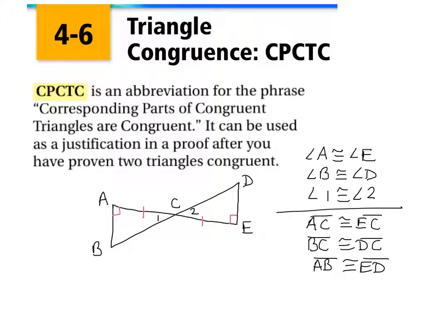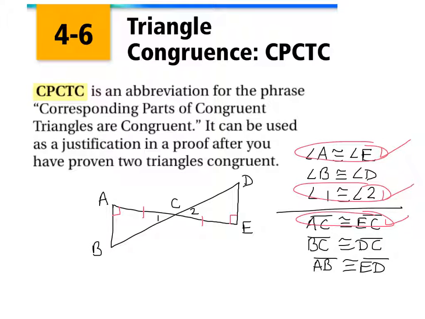So because A and E are congruent, 1 and 2 are congruent, and AC and EC are congruent, in that order we have angle, side, angle. So we already know these angles are congruent, and this set of segments are congruent.